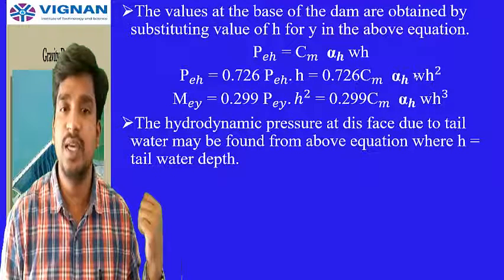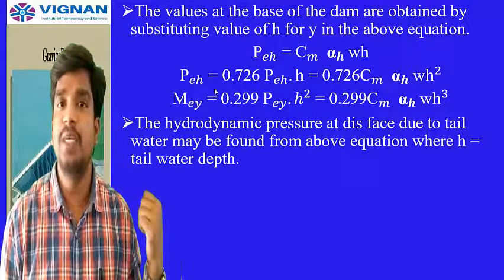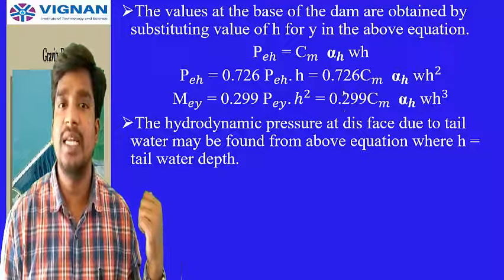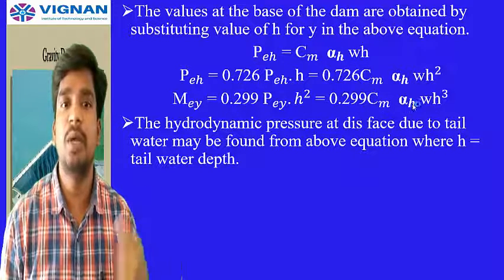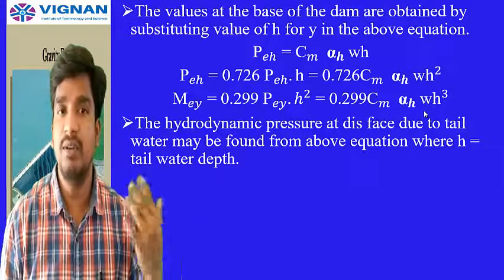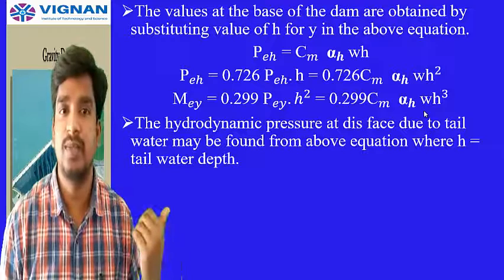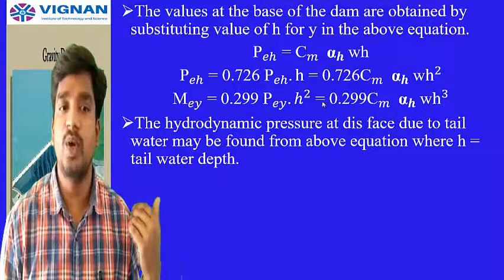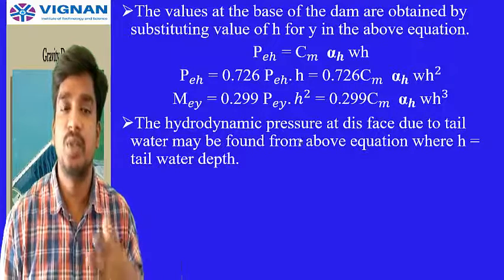That is the equation we got for force PEH. Similarly for MEY, it is 0.299 into CM into alpha h into WH cube. If we replace y with h, then we will get the actual values at any desired base. So these are the values for hydrodynamic pressure.